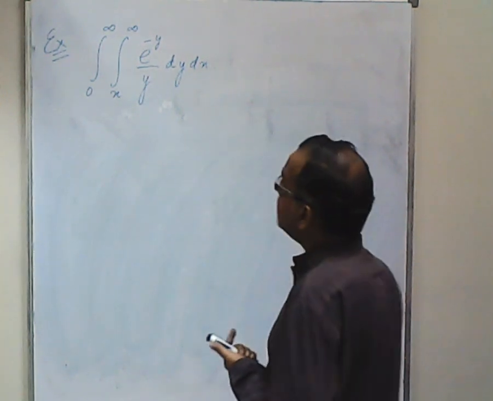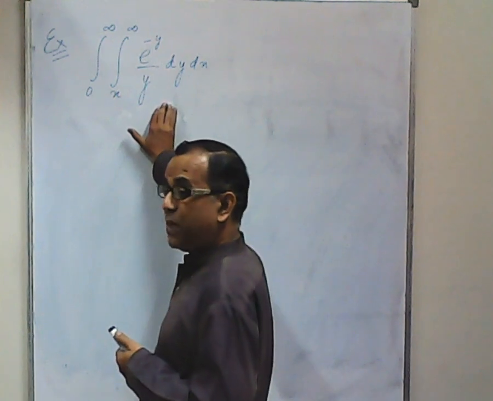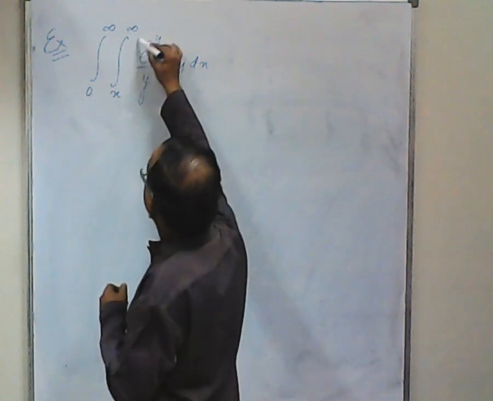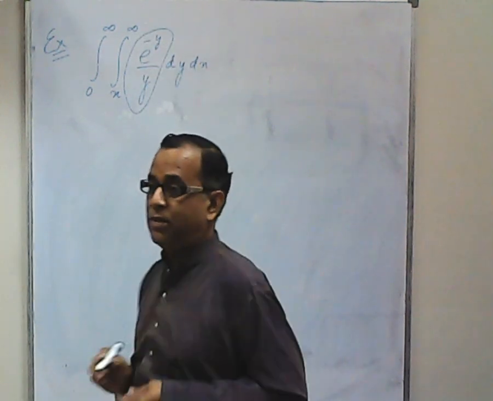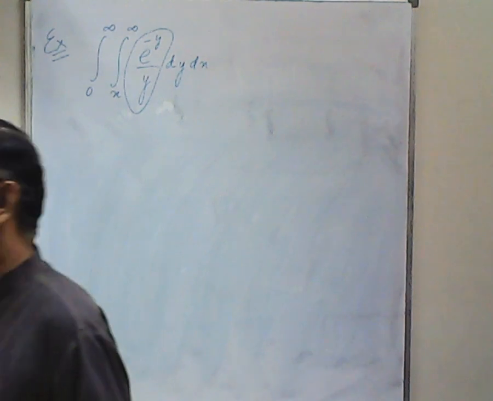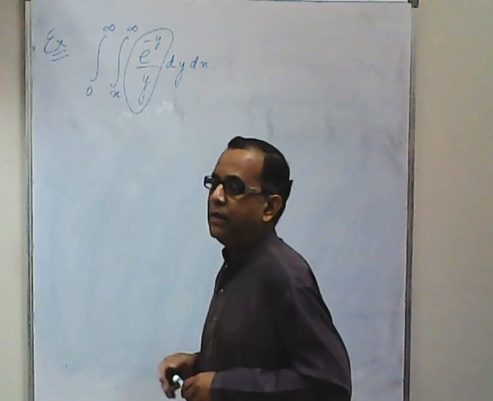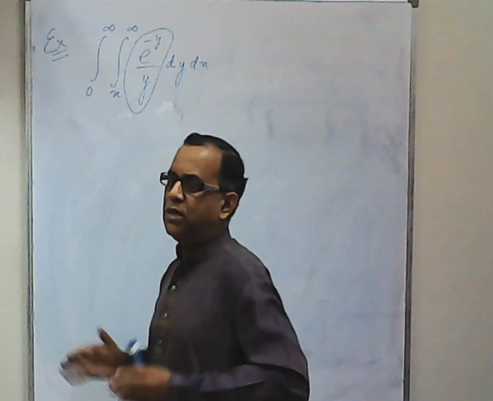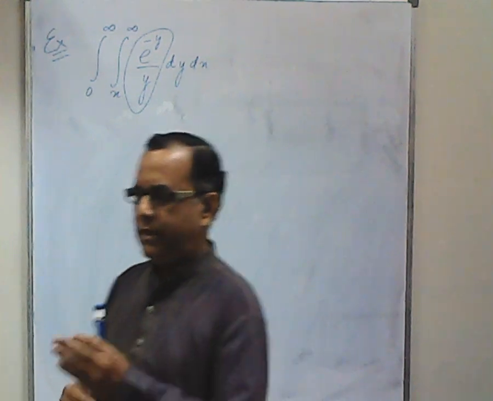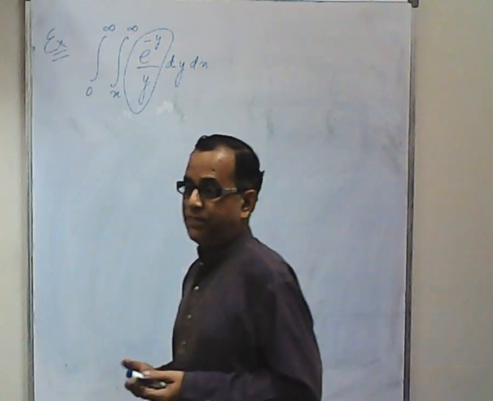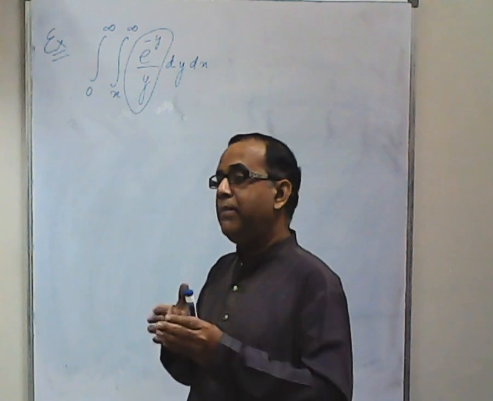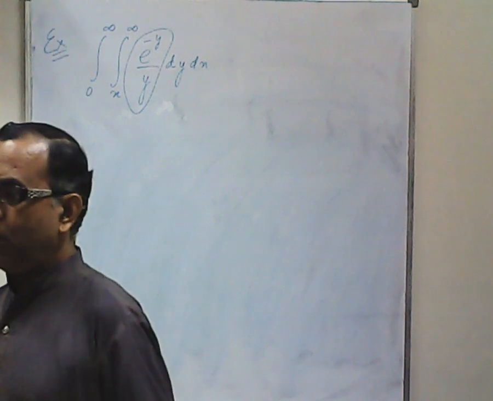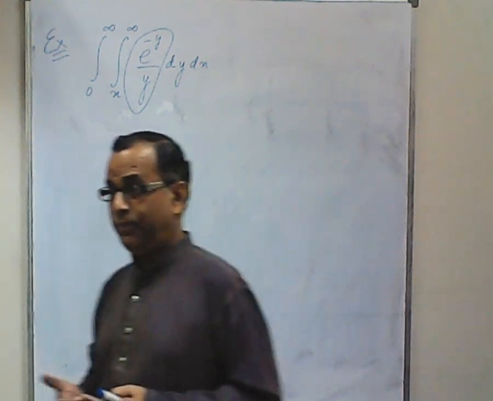But now the problem is that if I need to integrate with respect to y first, then it is not possible for me to integrate this term, because even if I apply the u into v formula, it is difficult to compact the solution into 2, 3, 4, 5 steps, because it will become expanded and expanded as I apply the u into v formula of integration again and again.